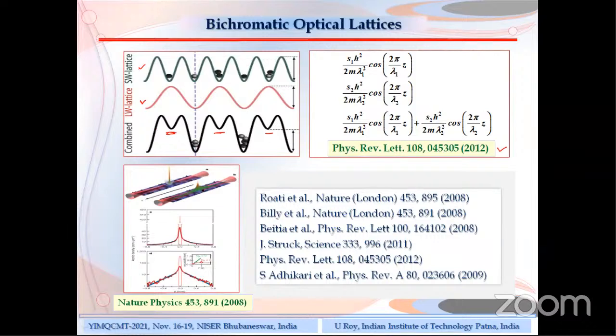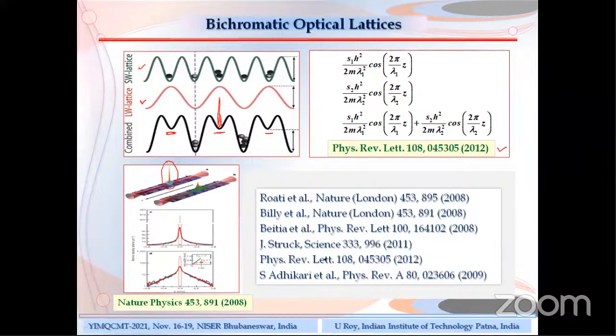And one beautiful example here, in Nature Physics 2008, is that they found very strong localization for this kind of potential. So basically the localization happens here. You have a spike in the density, and that is the experiment, but nobody addressed it in the theory.